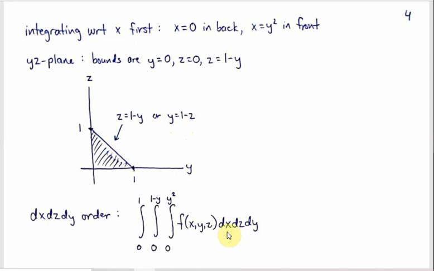First, I went dx, dz, dy. So if it's going to be dz, dy, then for dz, we've got to figure out what's on top and what's on the bottom. What's on top is 1 minus y, and what's on the bottom is z equals 0. So 1 minus y for the upper limit, 0 for the lower. And then the y values are going from 0 to 1.